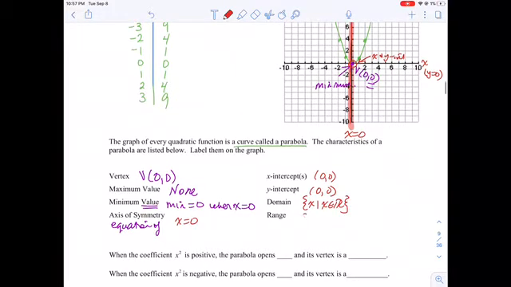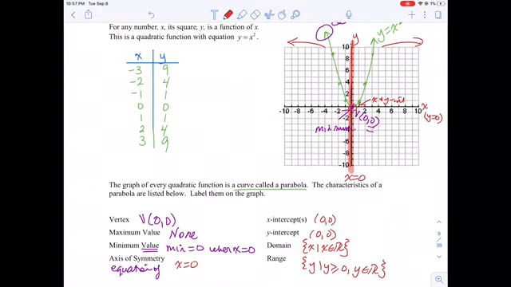And our range is the set of all y's such that y is greater than or equal to 0. Our smallest y value here is 0, and then we go up to infinity. So for x we go from -infinity to +infinity, and for our range we start at 0 and say y is greater than or equal to 0.